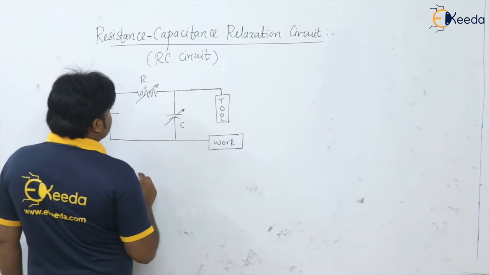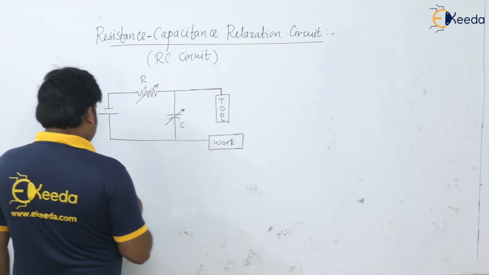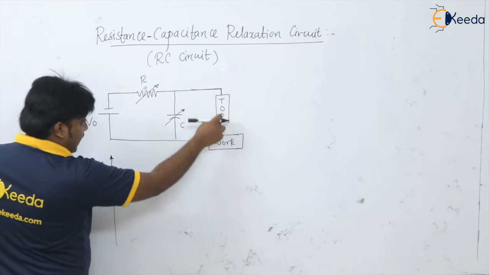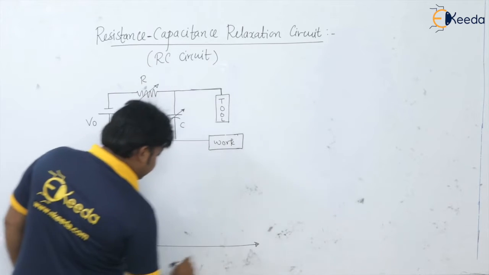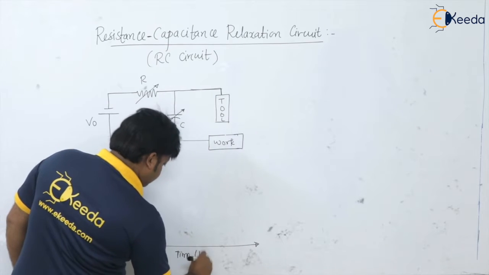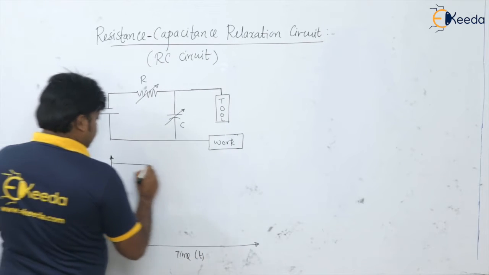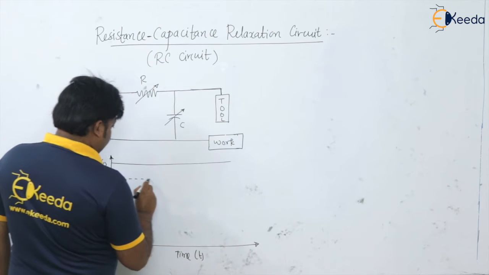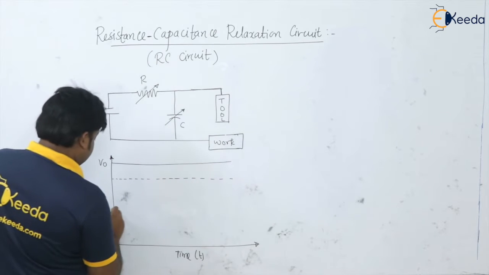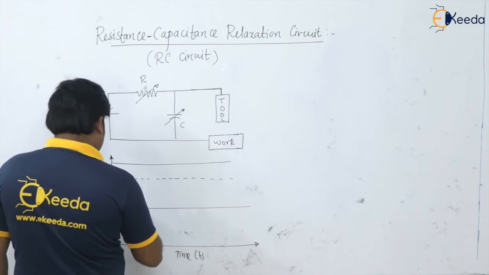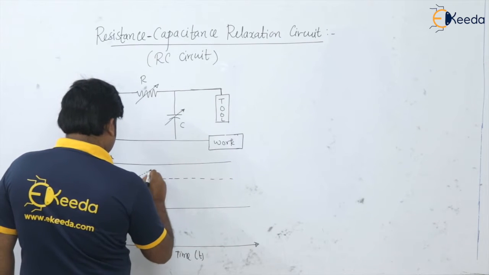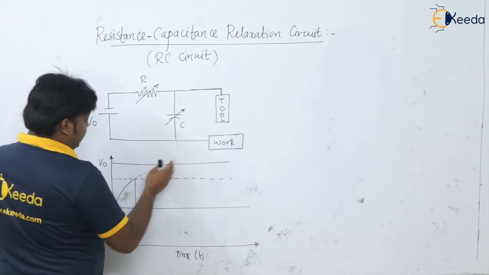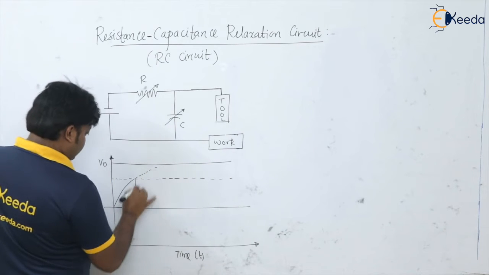Okay, so this is the relaxation circuit, and if I have the graph of the instantaneous voltage in this gap versus the time t, and this is my source voltage VO, and of course when the sparking is taking place, there is a discharge voltage, say VD. It will approach asymptotically to the source voltage VO.